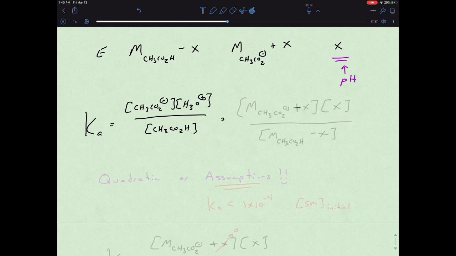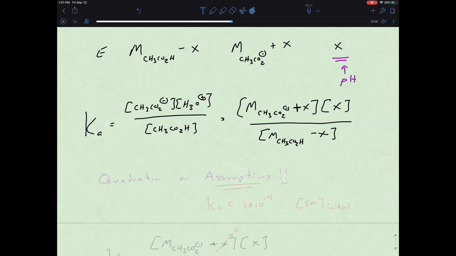So our acetate would be that initial concentration of acetate minus X. Our hydronium ion concentration would simply be X. And our acetic acid would be that initial concentration of acetic acid minus X. I apologize, there's an error up there in the numerator. That should be not initial concentration minus X of the acetate, but actually plus X. So make sure we change that.